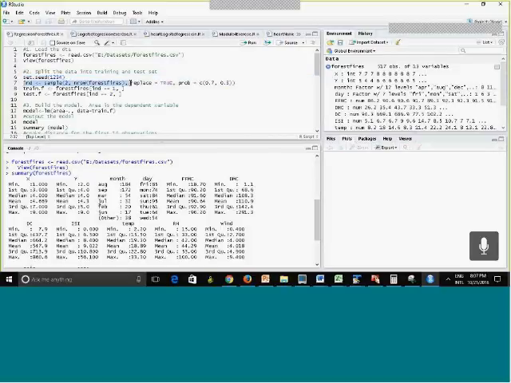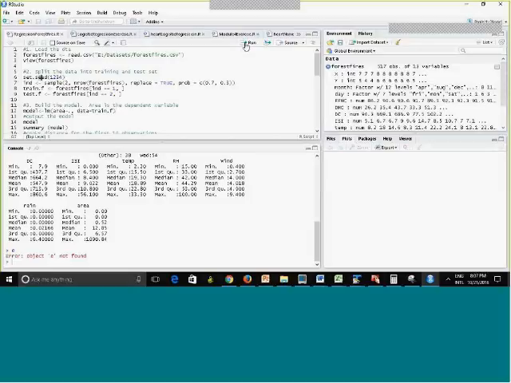Now, I'm going to divide my data into the training set and the test set. So this is going to be training, and this is going to be test. Now let me run this command.